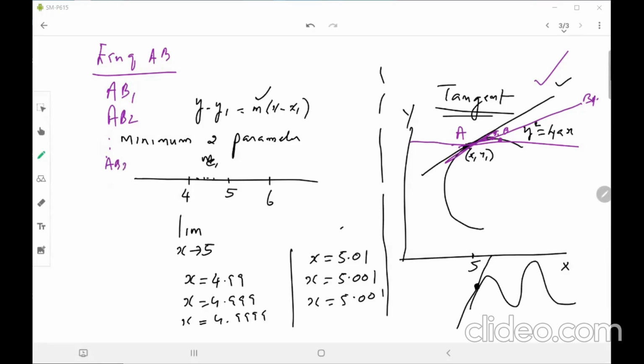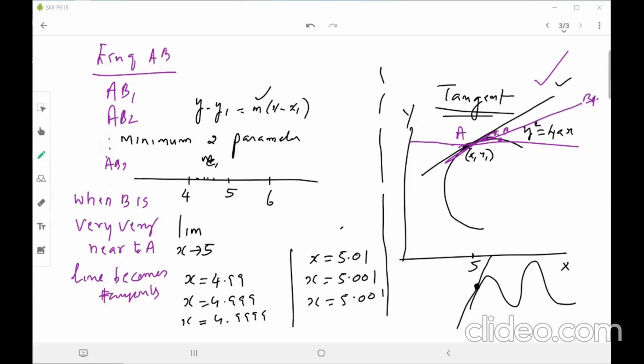So I write here, when B is very, very near to A, the line becomes a tangent. So I can find the equation like this. Now the question is, what is the meaning of very, very near?